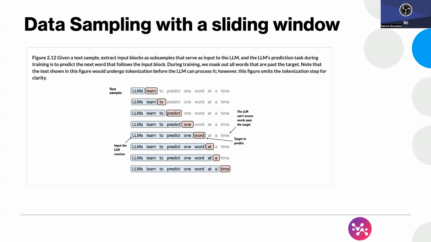Because we said that the decoder is trained to predict the next word. But when we are training, we also need to know what the next word should be to be able to calculate the loss of the model. So basically, we need a pair of input and target.